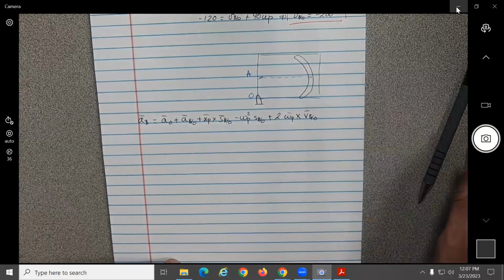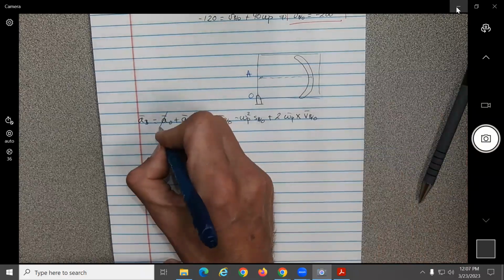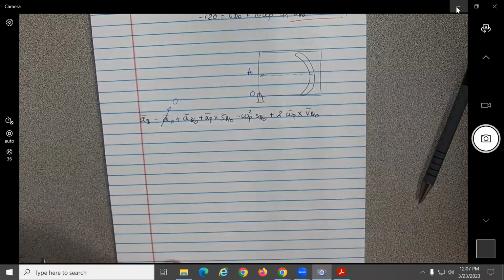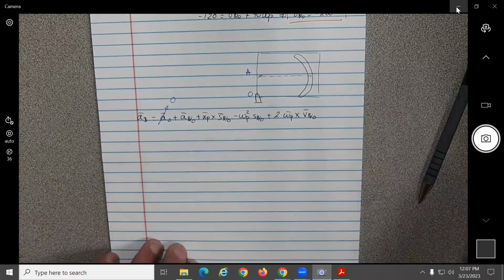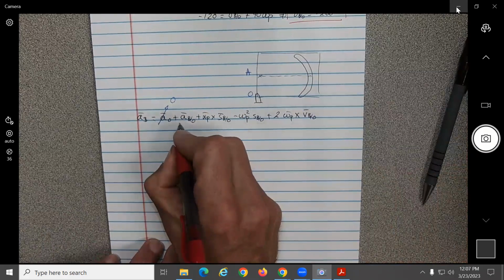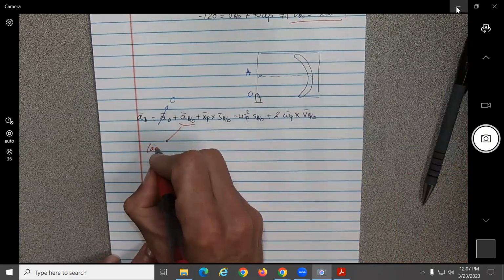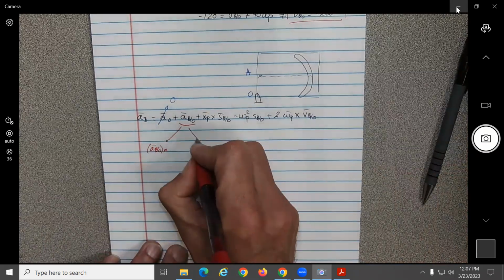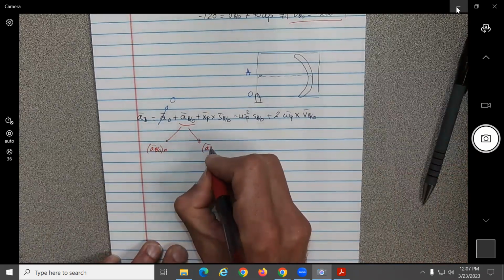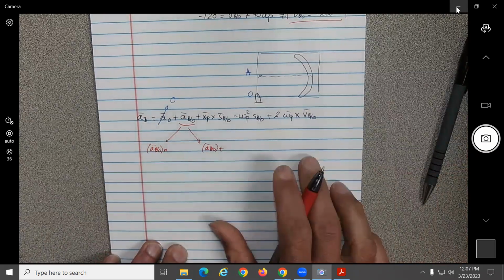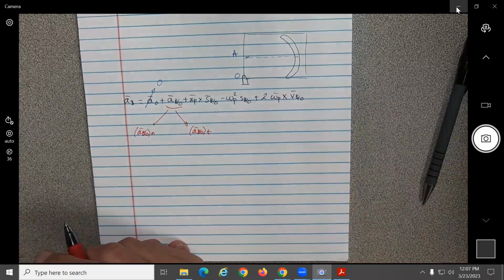All right, so we say that the acceleration of O will be equal to 0. Now, what about the relative acceleration? It's going to have a normal and a tangential component.